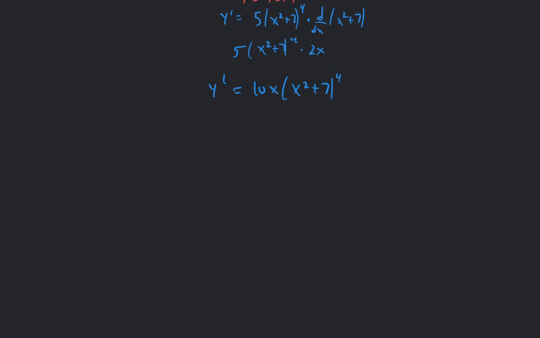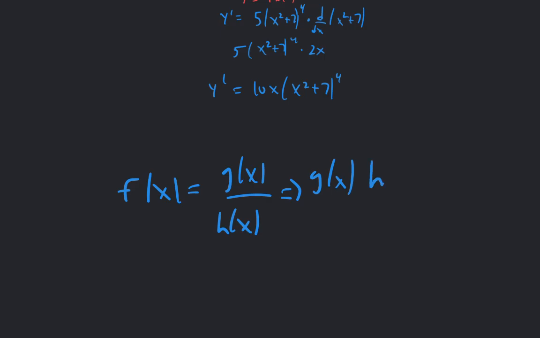Just as we have the product rule and the chain rule, there's a rule called the quotient rule, which is when we have a function that is a quotient of functions, which can be written as a product of functions. That's not the inverse, that's the reciprocal.